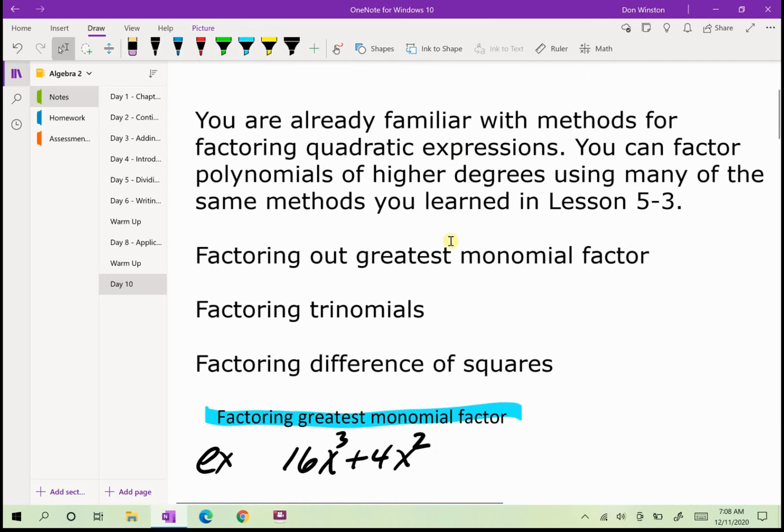So we have factored by factoring out the greatest monomial factor. I'll go over each of these examples. Pay attention here, and then you'll have some problems to do as I go over them. Again, this is review, so you shouldn't have too much difficulty after I show you the first problem.